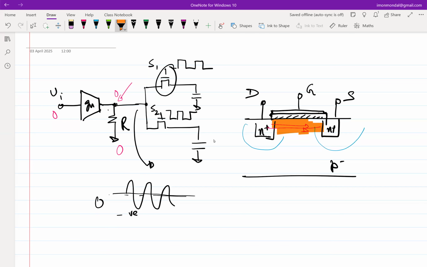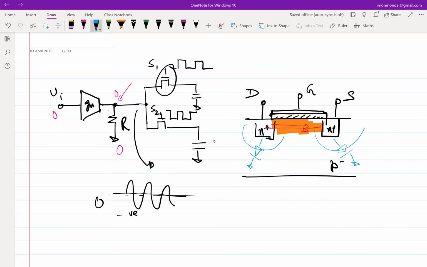So what happens if this PN junction now gets forward biased? So this is a PN junction here. This is a PN junction here. What happens if this PN junction gets forward biased? The current that is supposed to flow from the drain to the source through the channel will go into the diode and will not come out, right?